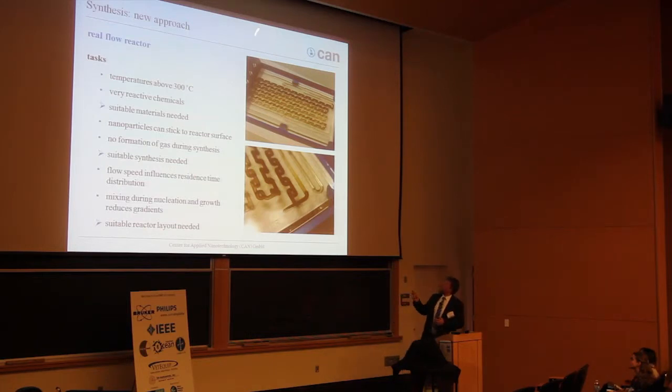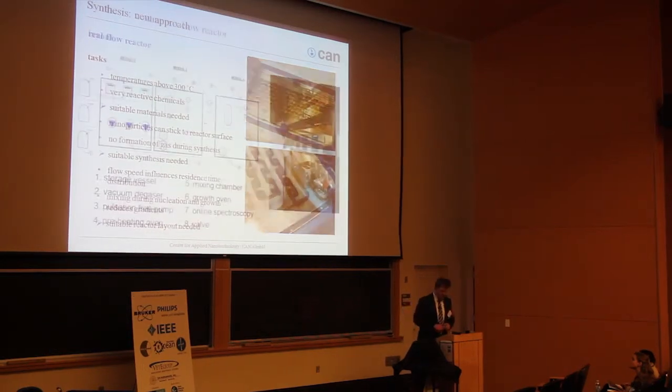Here, for example, you see a trial of nanoparticle production in continuous flow, and you see that the particles are quite sticky to the surface of the reactor, especially the small ones. Especially those straight after the nucleation tend to stick to the reactor surface, so you have to be very careful about the ligands and the temperatures you use and so on.